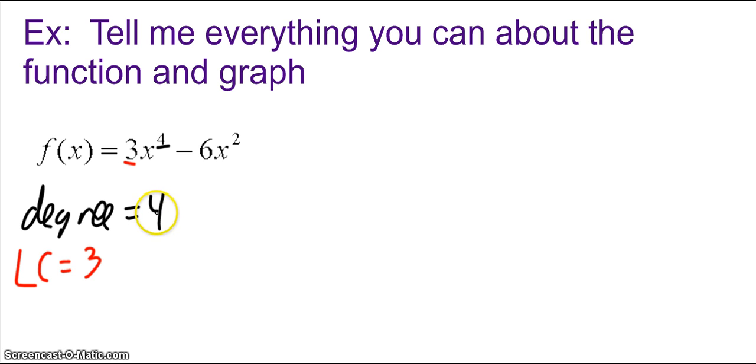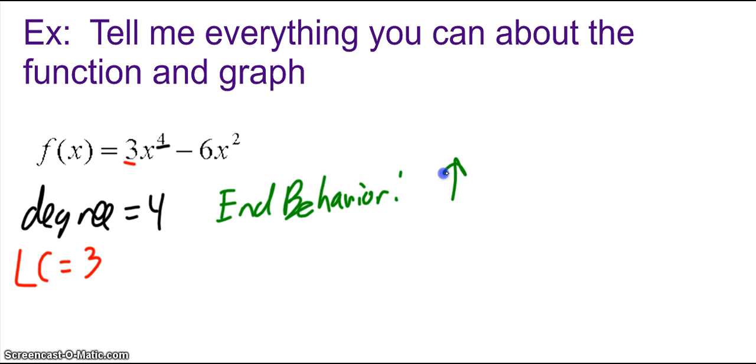If the degree is even and the leading coefficient is positive, I know the end behavior is going to be up left and up right. The number of terms. Terms are separated by addition or subtraction, so there are 2 terms.